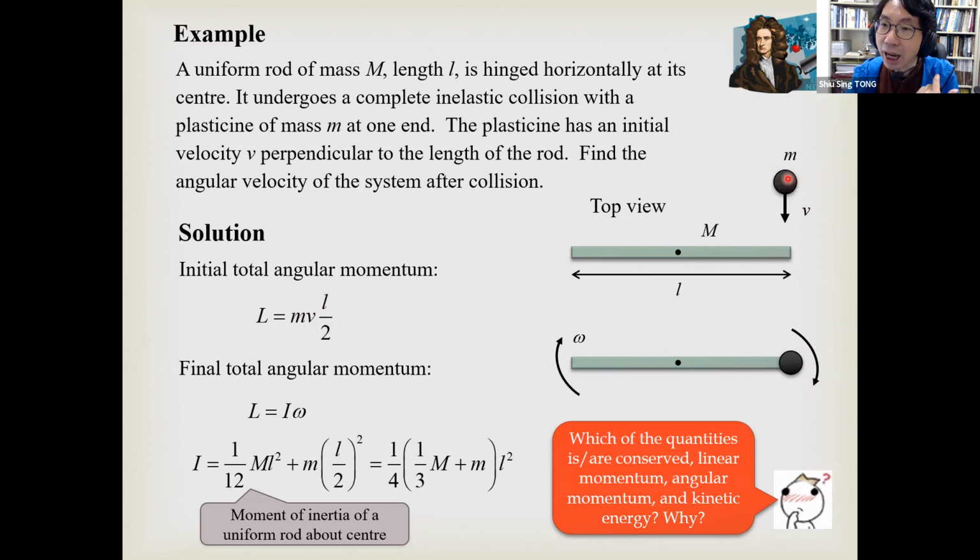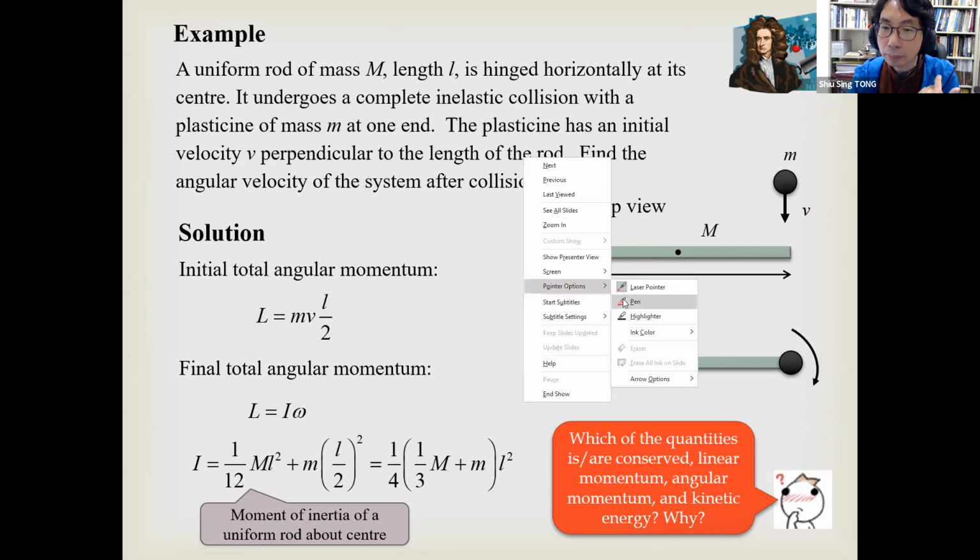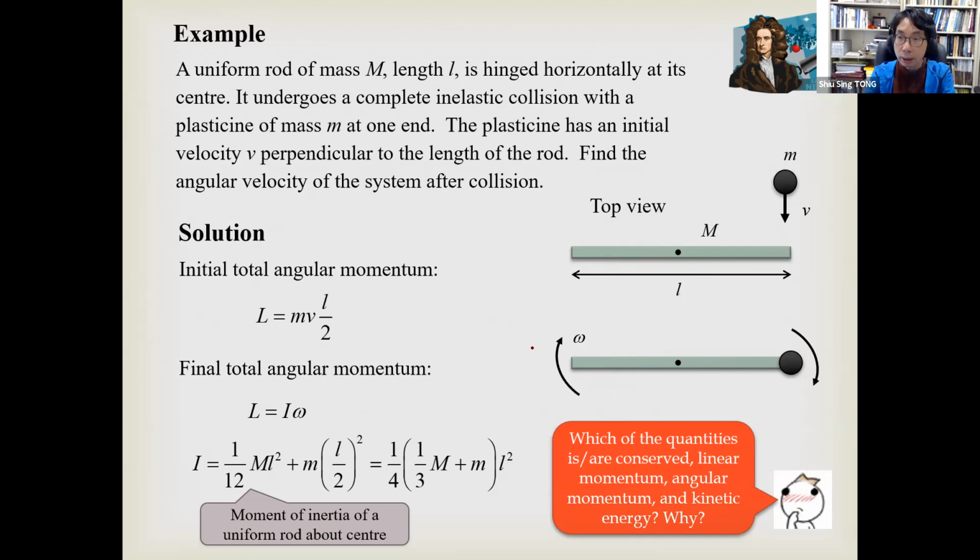Now the answer is easy because if you remember our introduction about moment of inertia, you may have remembered how we define L for a single particle? It's the perpendicular component of the linear momentum multiplied by r, right? Now the velocity has a direction.